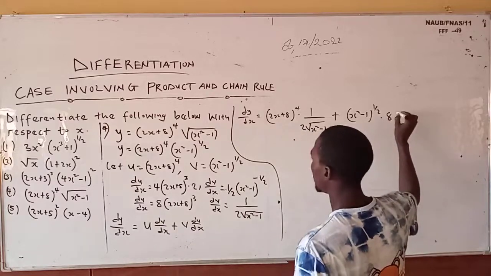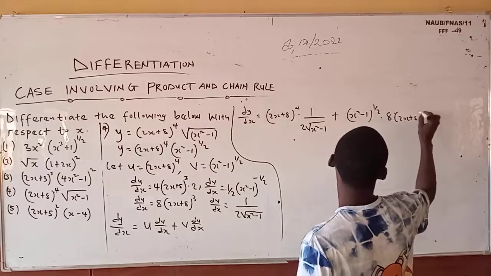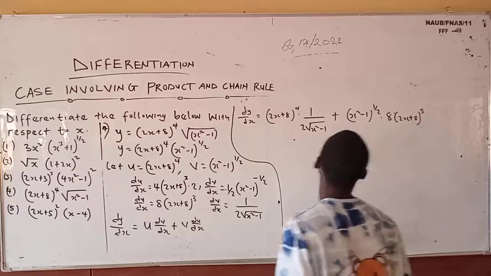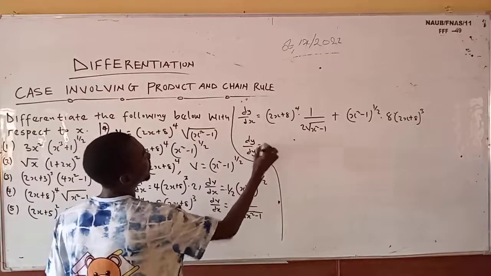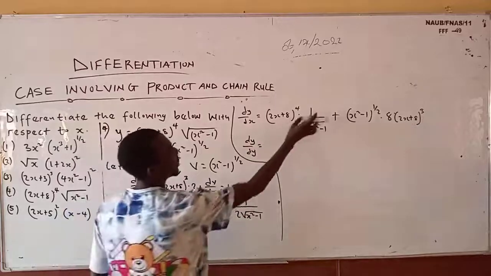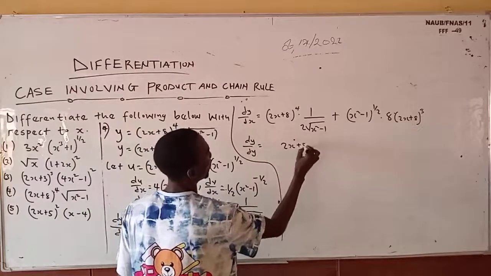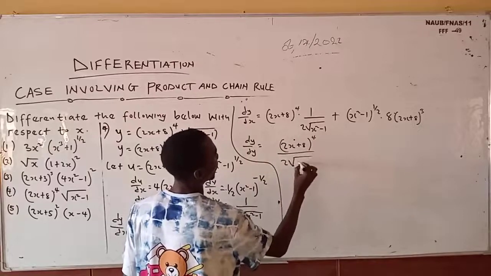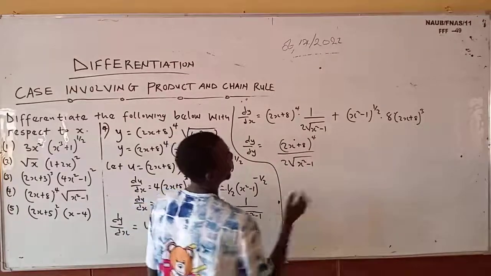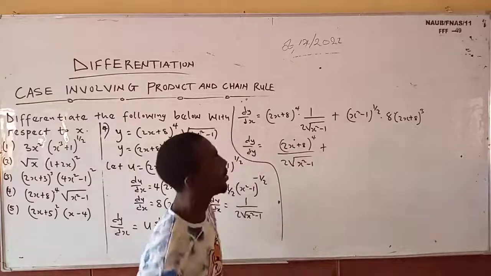It is 8 into 2s plus 8 all to the power of what? 3. So if you multiply this, dy over ds will be equals to this times 1, which is the same thing as 2s plus 8 all to the power of 4 over 2 root s squared minus 1, plus this.